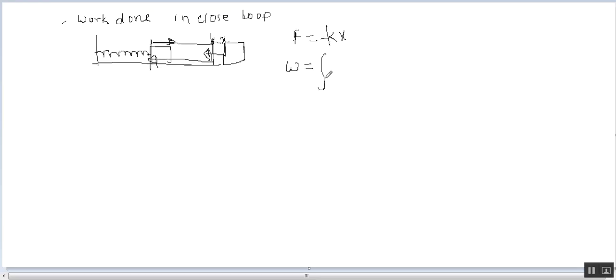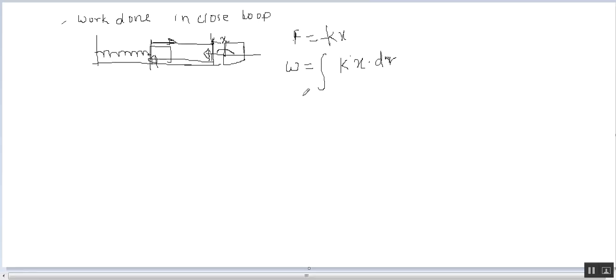So what is the work done? W is equal to the integral of kx dot dr. The displacement is taking place in this direction, so what is the angle? 180, so this will be minus.